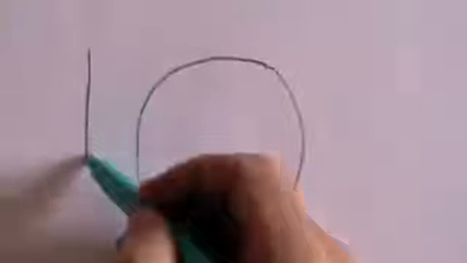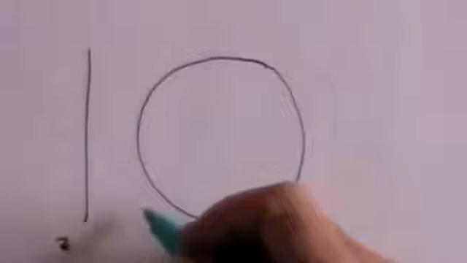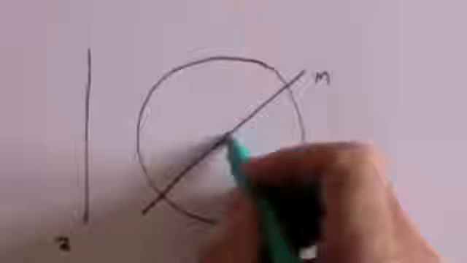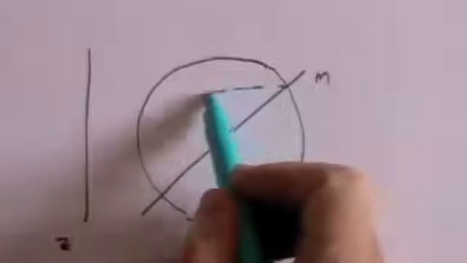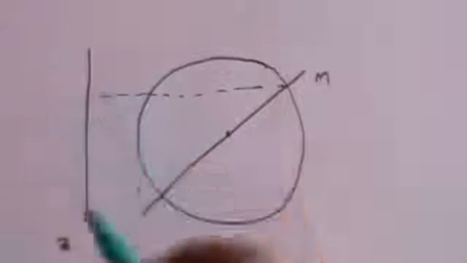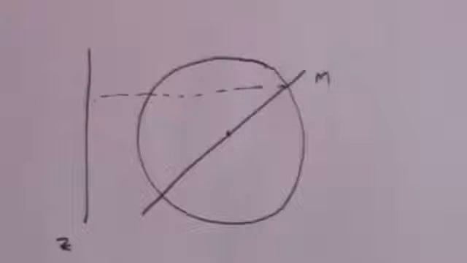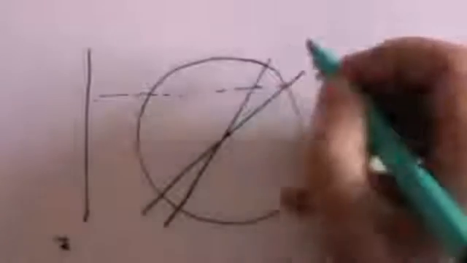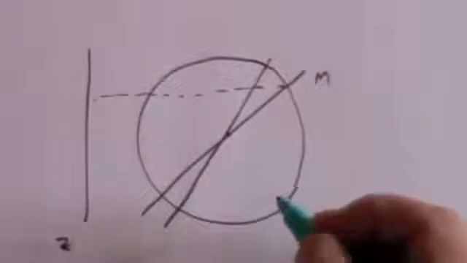Remember, we are measuring along the z-axis. So here is my angular momentum, we'll call that m, and we measure it along the z-axis. Along comes my operator L plus, and L plus simply notches the angular momentum up by 1 notch.